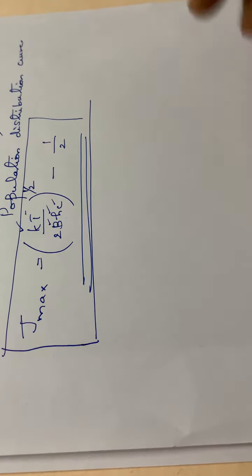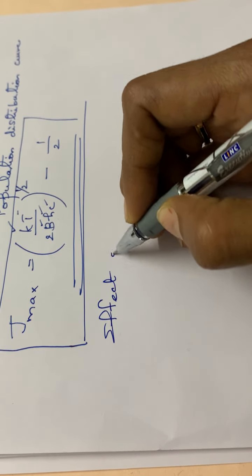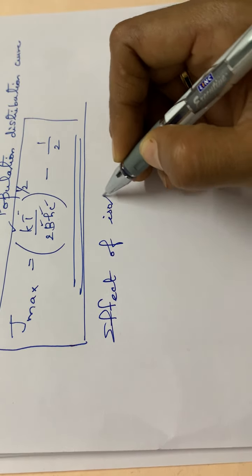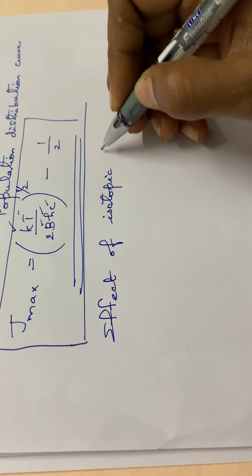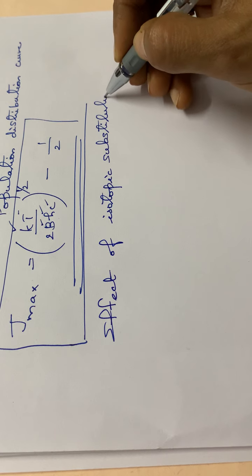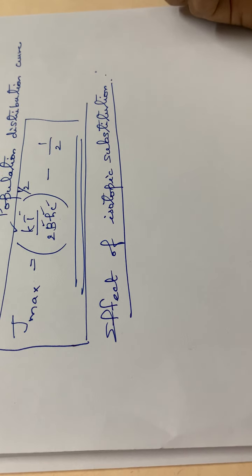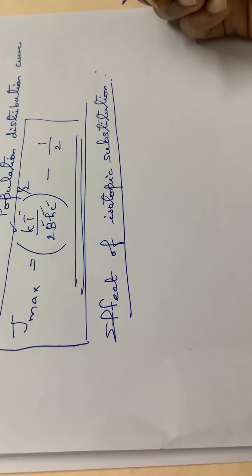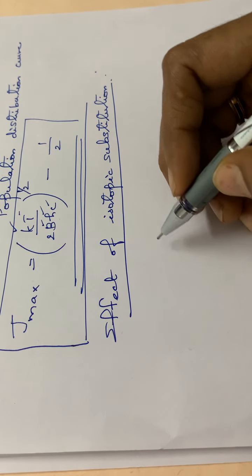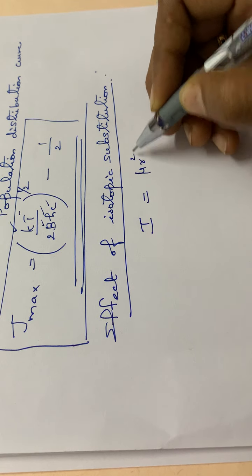Next is the effect of isotopic substitution. Here we had gone through the formula for calculating moment of inertia. I is equal to mu r square, isn't it?